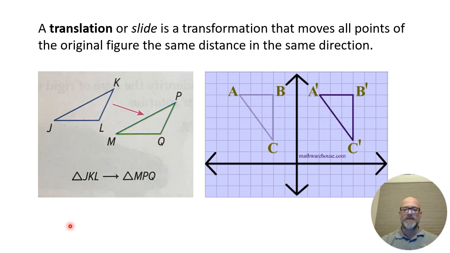Here we go. This is a translation. Can you tell what direction the translation is moving the pre-image to the image? Like what direction it's moving? And can you tell how much? Well, it's clearly moving the image to the right. And then if you look here at A, and you look at A prime, you count 1, 2, 3, 4, 5, 6, 7.